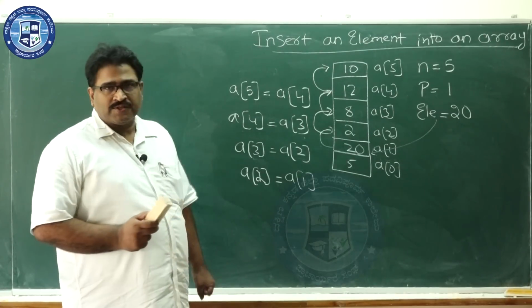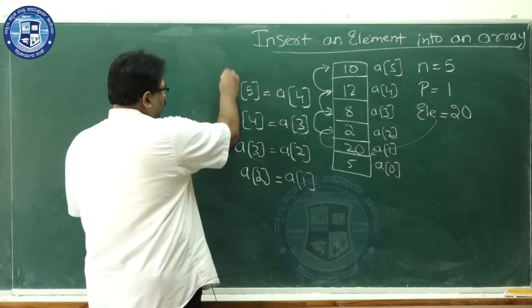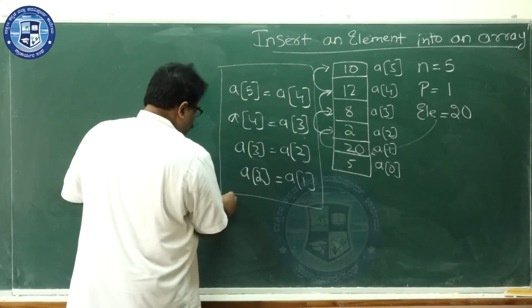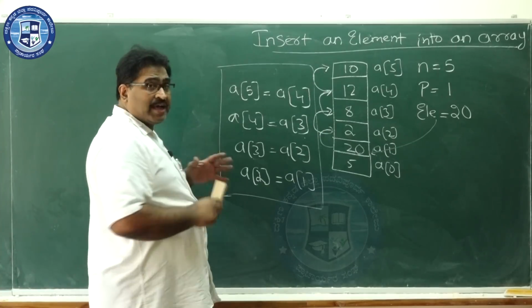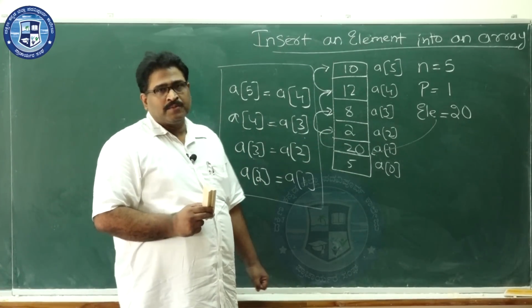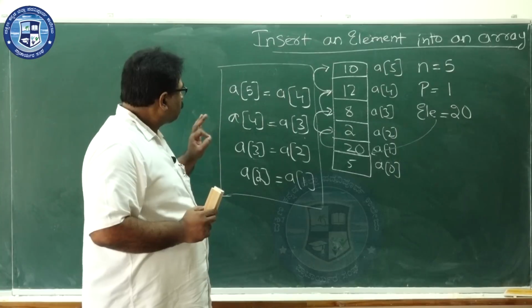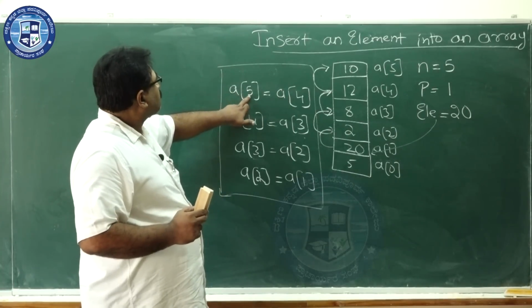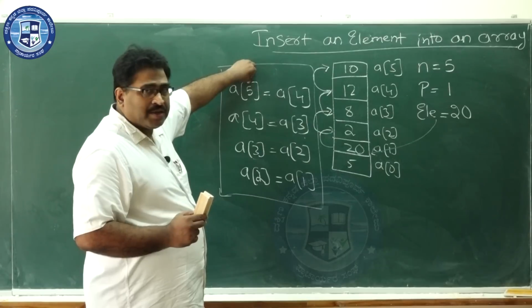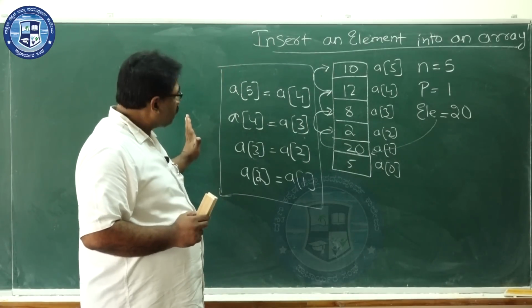Important for us is this part, this example. With this example, we can actually write down the program. Now, you can see here the subscript value, from which position it has started, from 5. I'm talking about the left hand side.